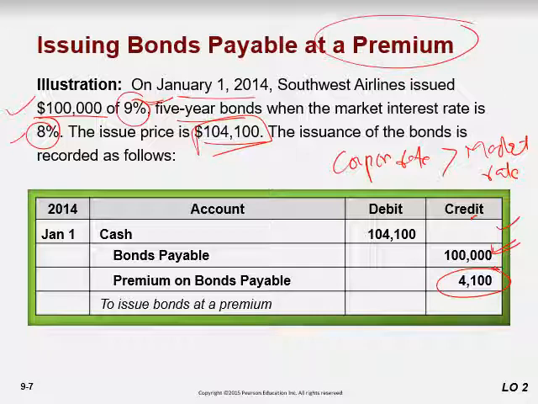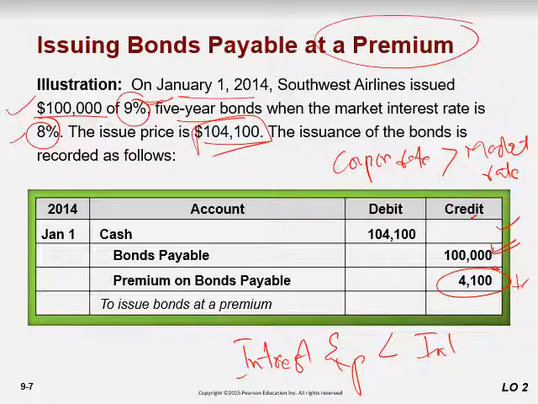So it is the opposite of the discount, which means it starts decreasing from the interest payments, which means interest expense. So in that case, our interest expense will be lower than interest payments. Why?